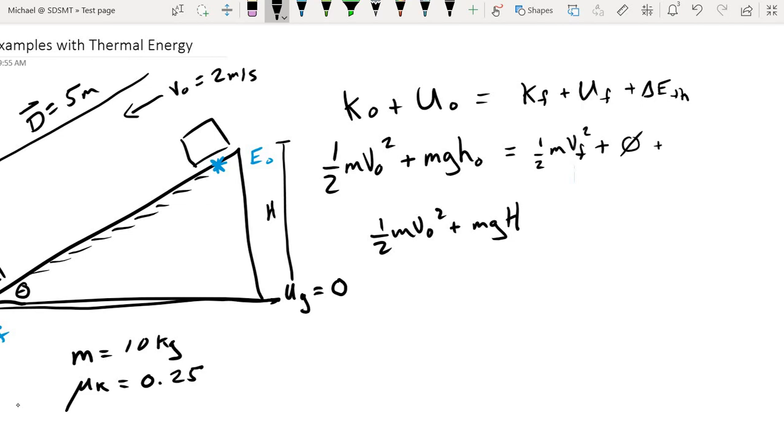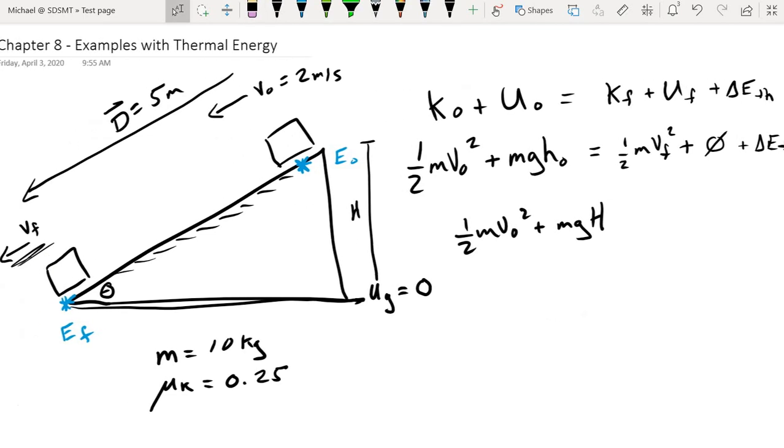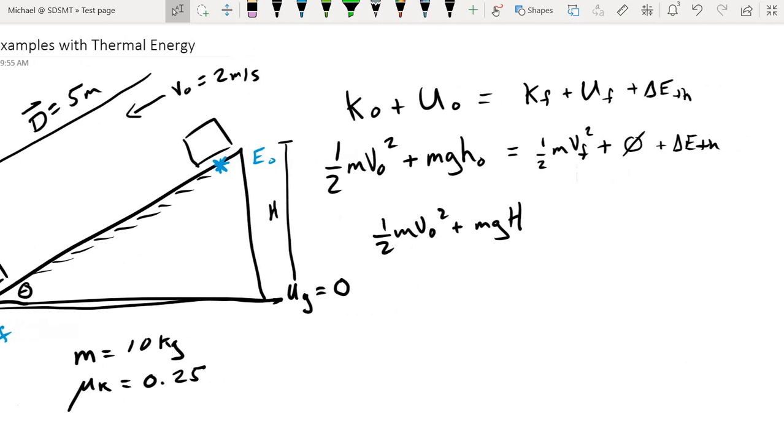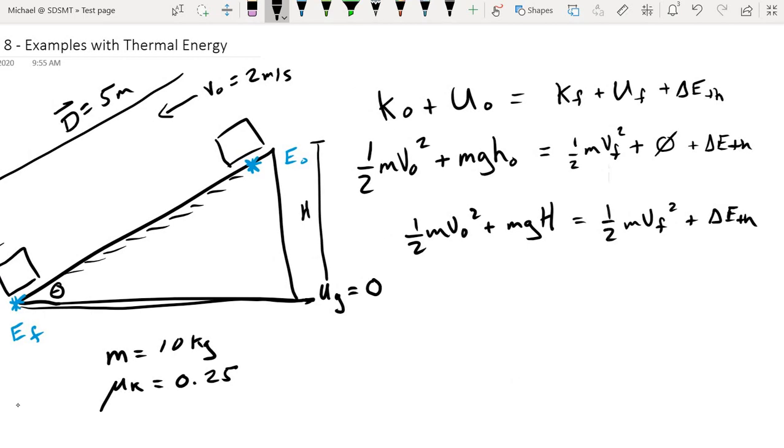And lastly, we have any thermal energy that is generated by friction as our block slides down the incline. So we'll go ahead and put in what we know. And we're going to take a moment to figure out just what that thermal energy should equal.